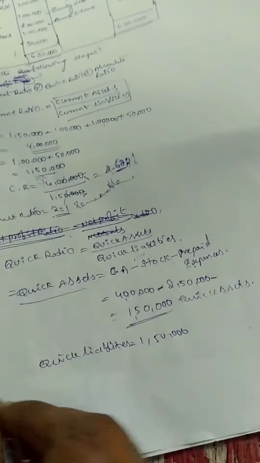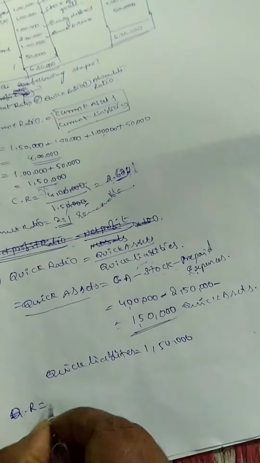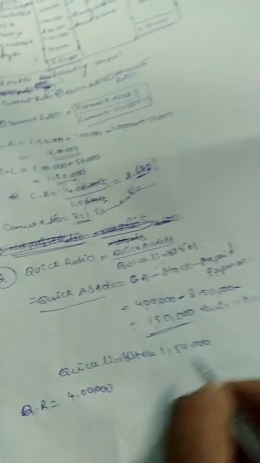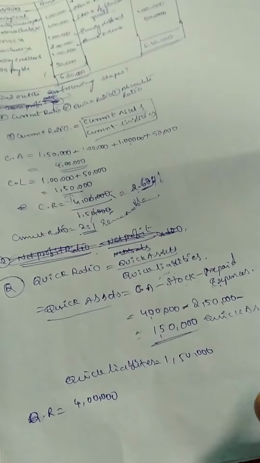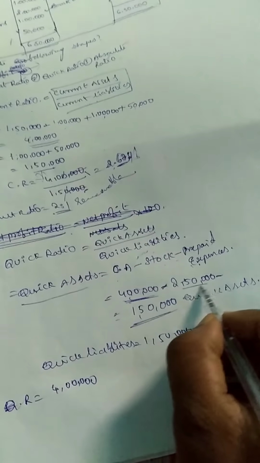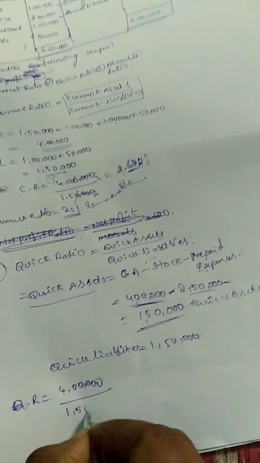So what is the formula? Quick ratio QR is equal to quick assets, which is 1,50,000, divided by quick liabilities, 1,50,000.